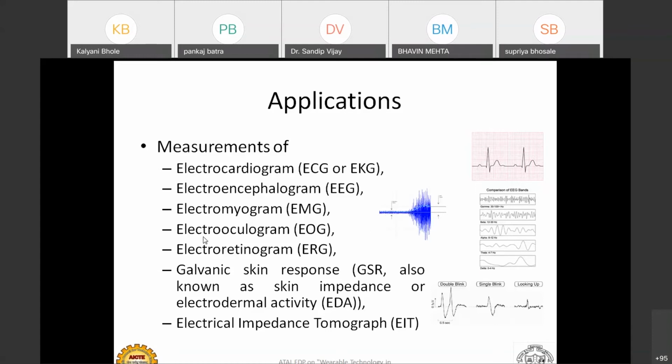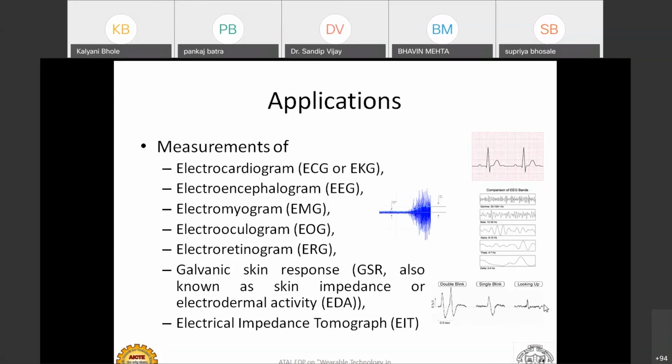Another signal is EOG, the electrooculogram, which gives us measurement of electrical activity of the eyes. Here are a few EOG signals. When you double blink your eye, this is how the signal appears. For a single blink, this is how the signal appears. For looking up, this is how the signal appears.